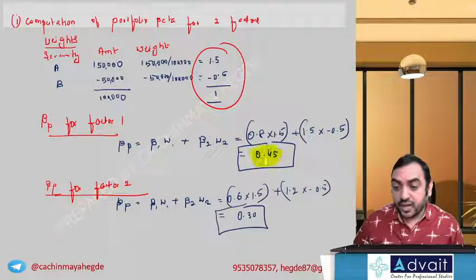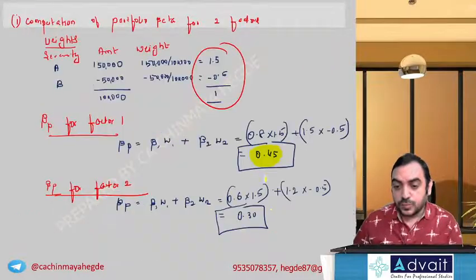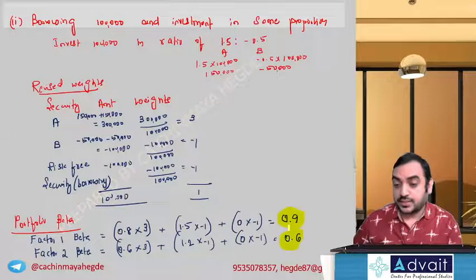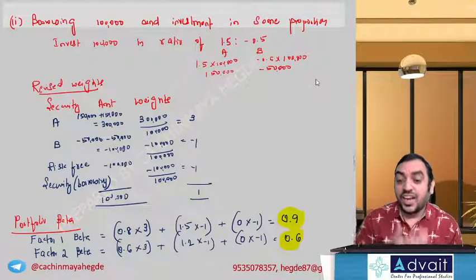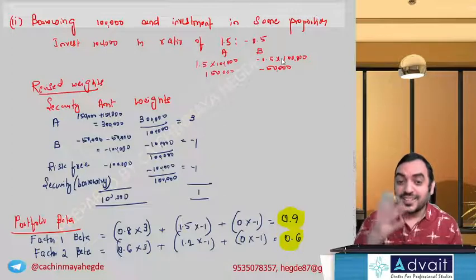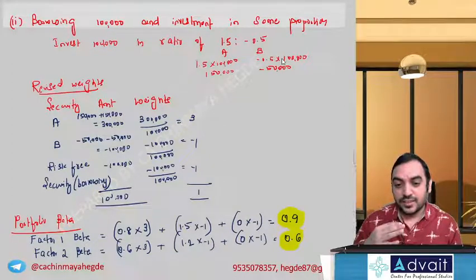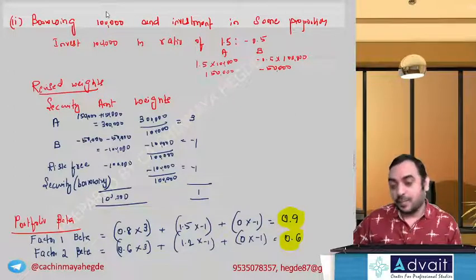We had 0.45 and now we are getting 0.9. Previously we were getting 0.3 and now we are getting 0.6. So in both cases, the beta has increased. Can you think why? What could be the logical explanation for the increase in beta?